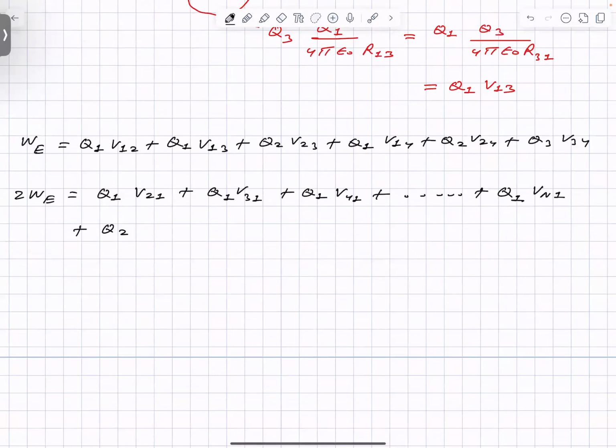Similarly, we have Q2 and then V12 plus Q2 V32 plus Q2 V42, and so on.